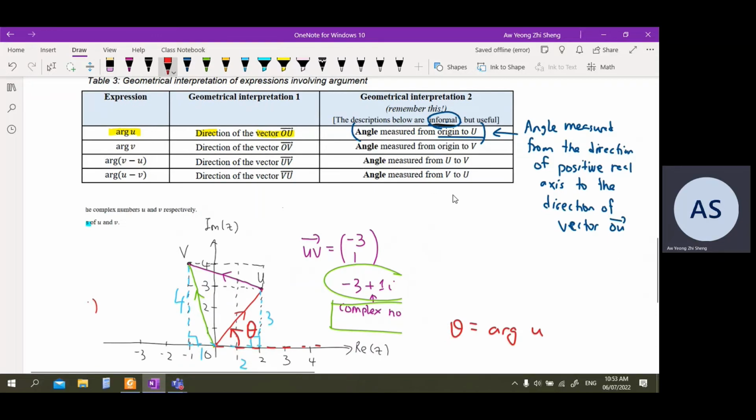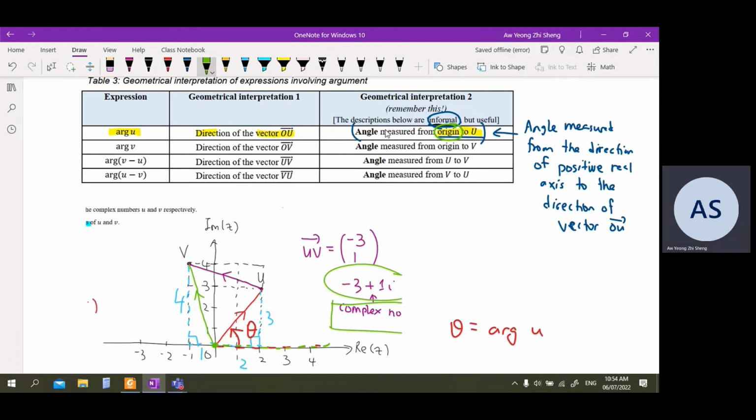When I informally say angle measured from origin to u, what I mean is you will draw a horizontal line starting from origin towards the right, and it is along that green dotted line that you will measure the angle theta towards the slanted vector OU.